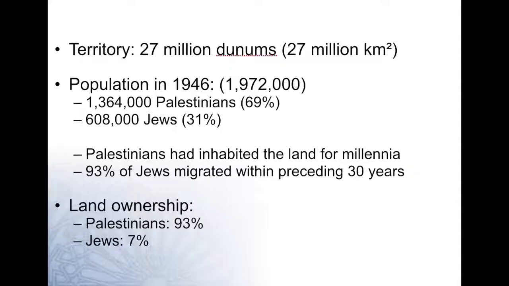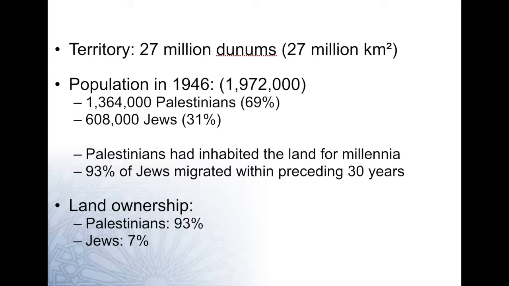Now, just as a bit of background, the territory of Palestine is about 27 million dunhams. Dunhams is a unit of measure used by the Ottomans. It roughly equates to about 27 million square kilometres. The population of Palestine in 1946 was just short of 2 million. 69% were Palestinians, Muslim and Christian Palestinians, and 31% were Jews.